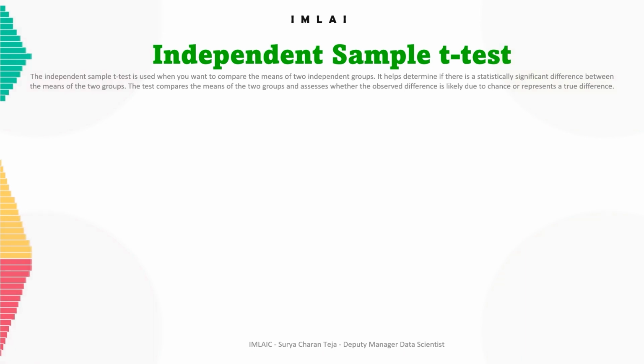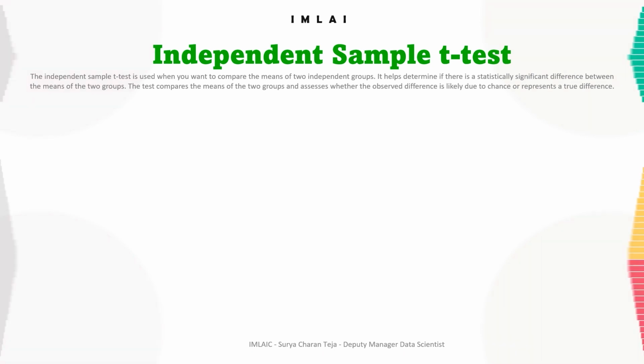The independent sample t-test is used when you want to compare the means of two independent groups. It helps determine if there is a statistically significant difference between the means of the two groups. The test compares the means of the two groups and assesses whether the observed difference is likely due to chance or represents a true difference.